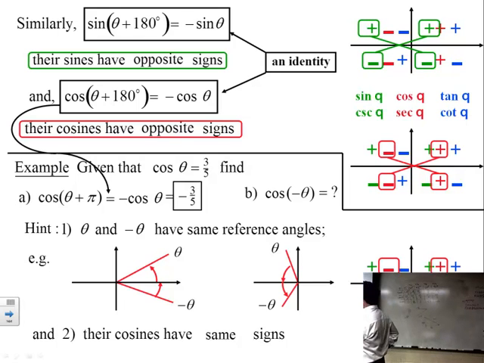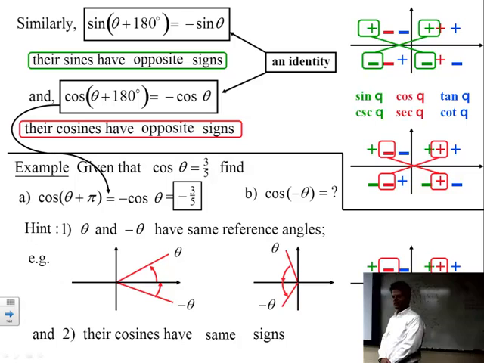So theta and minus theta have the same reference angles, no matter where they are. So their cosines have the same algebraic sign, so the cosines have to be equal. Okay. What about sine of minus theta? Negative.